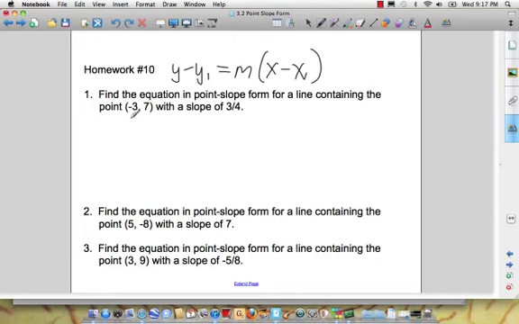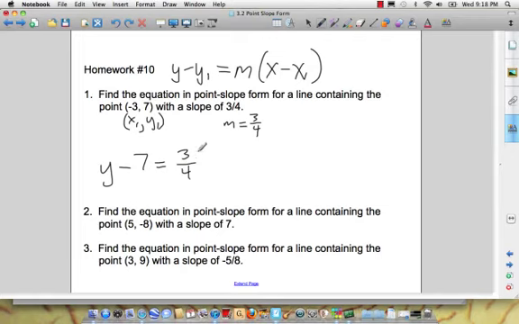Alright, so this point right here is (x1, y1), and this number right here, 3/4, is the slope. So I'm going to go ahead and plug those into this equation. Where I see a y, I'm going to write y. Where I see a y1, I write 7. Equals, for m, well, I know the slope is 3/4.